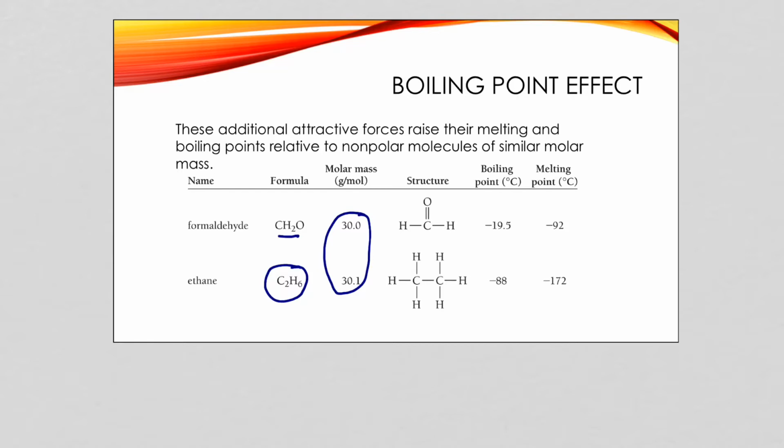So what we notice is an increase in the boiling point of roughly 70 degrees. It goes from negative 88 up to negative 19. We also notice an increase in the melting point. It goes from minus 172 to minus 92. So we see the effect here.